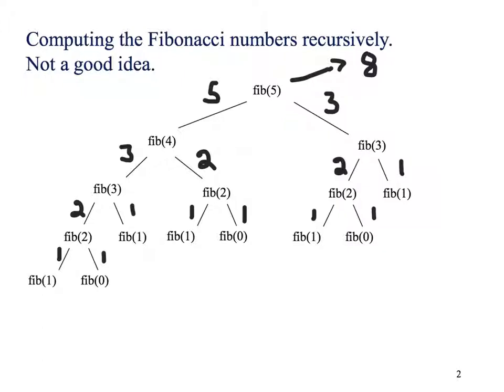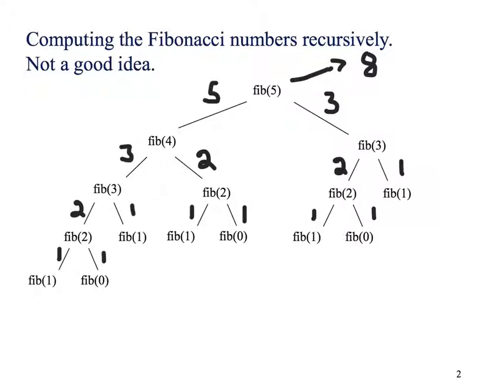Now, I want to point out and emphasize, this is not the way to compute the Fibonacci numbers. Why not? Well, take a look at this subtree over here, this part of the tree, for fib 3. Notice that exactly the same tree is over here. So there's a lot of redundancy.